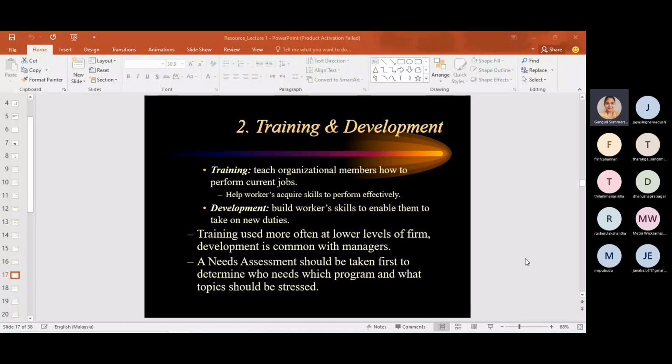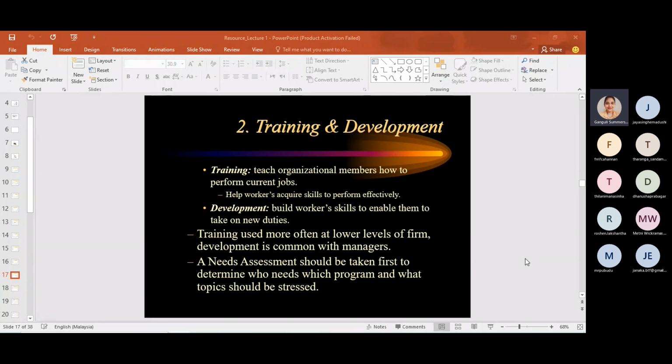My job at Somerset Institute is a lecturer. So my job role is to do the lectures, to prepare the lecture materials properly, to issue assignments, to mark assignments, likewise. There is a job role for each and every job. So training is provided to teach your organizational members how to perform your job role.